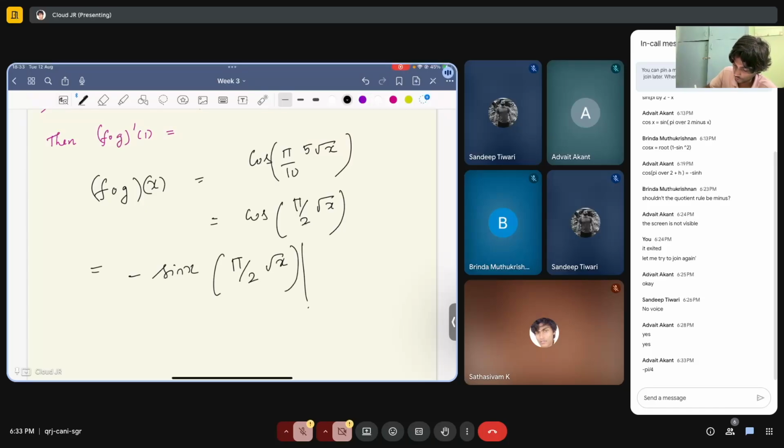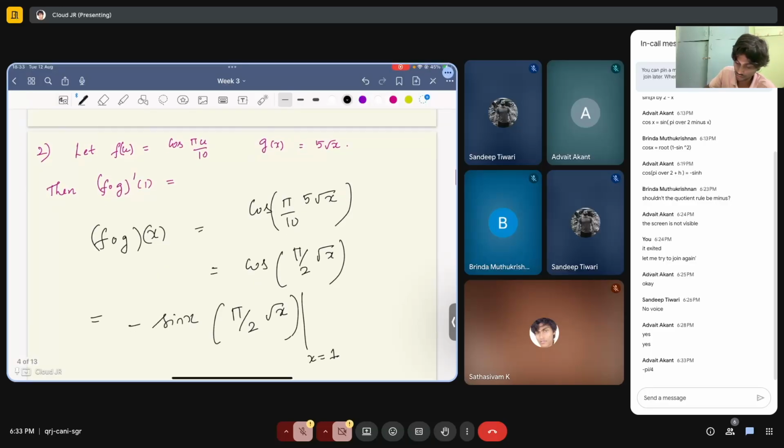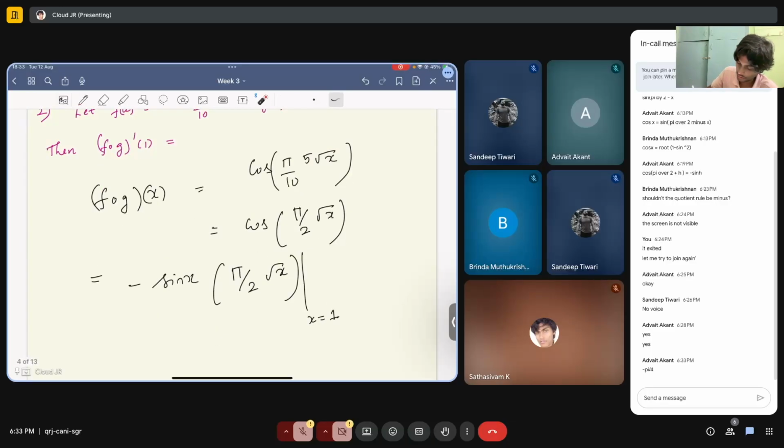Here in this case x is equal to 1, so you have to substitute 1 here. And then you take the derivative of whatever is inside. That will be pi by 2.